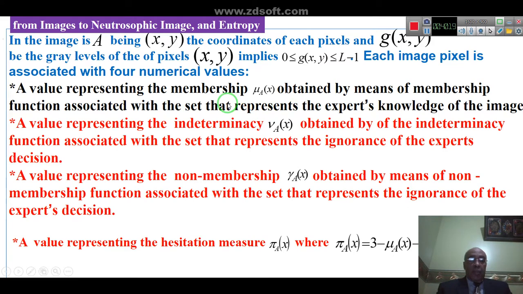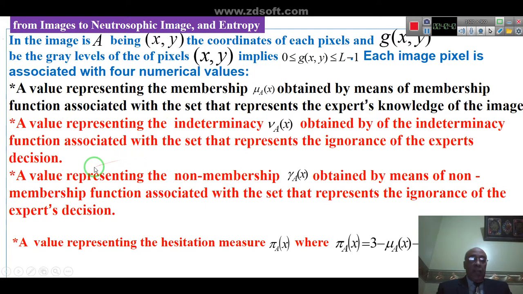This is the first value. The second value, nu A of X, is indeterminacy, obtained by the indeterminacy function associated with the set that represents the ignorance of the expert decision.